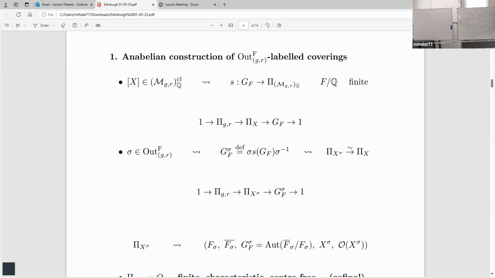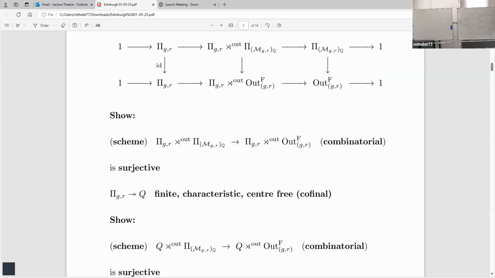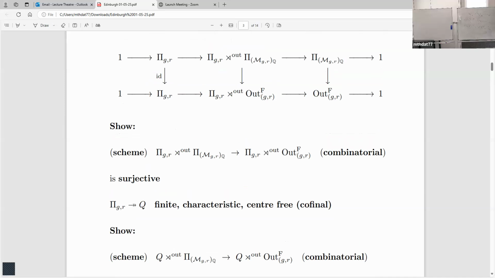Now if you look at this section and pull back the upper exact sequence in this diagram, or even the lower one, by this section, it gives rise to a section inside Out F^Γ. Remember always this Out F^Γ is the arithmetic version, so it always projects onto G_Q.